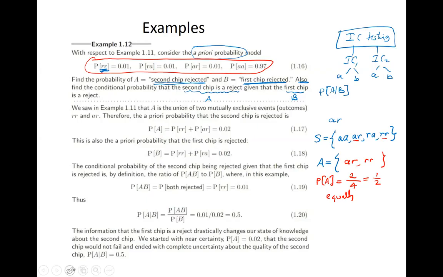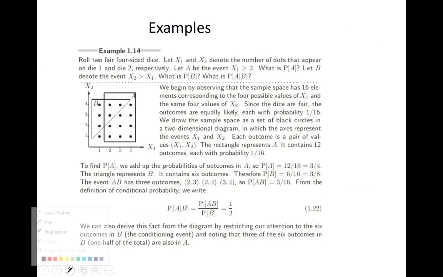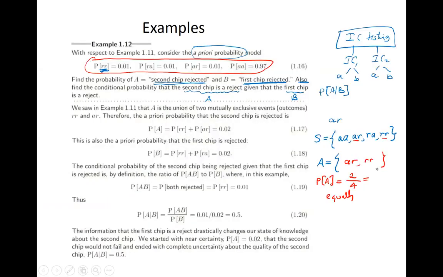Instead of the equally likely case, the probability of A will be the probability of each outcome: the probability of AR plus the probability of RR.